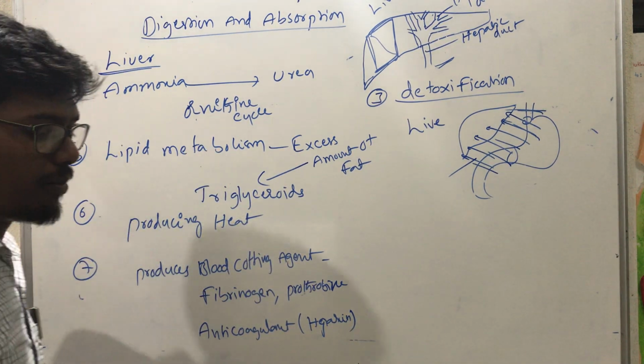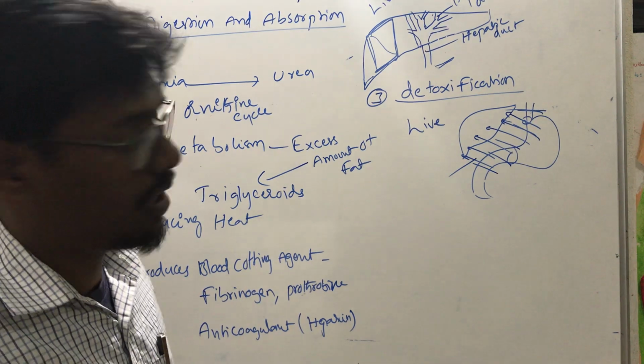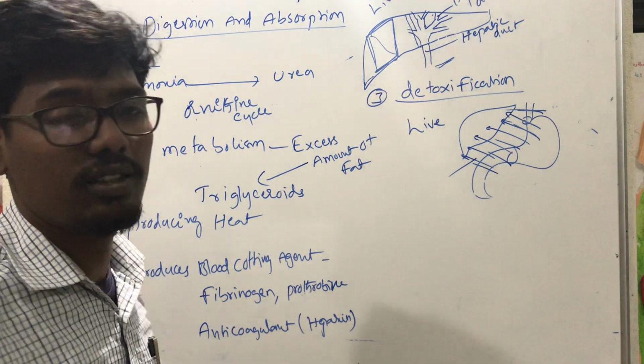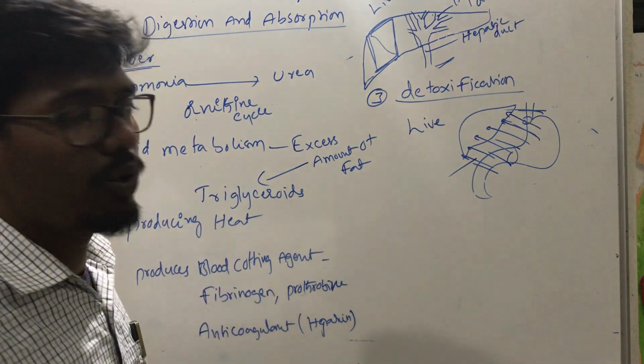Blood clotting agents are also produced by the liver.